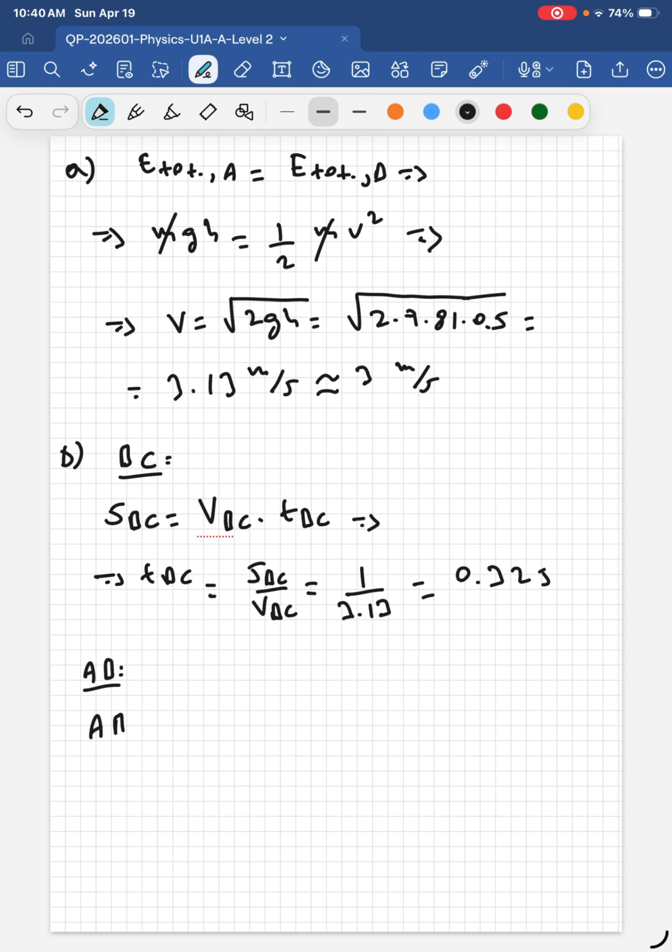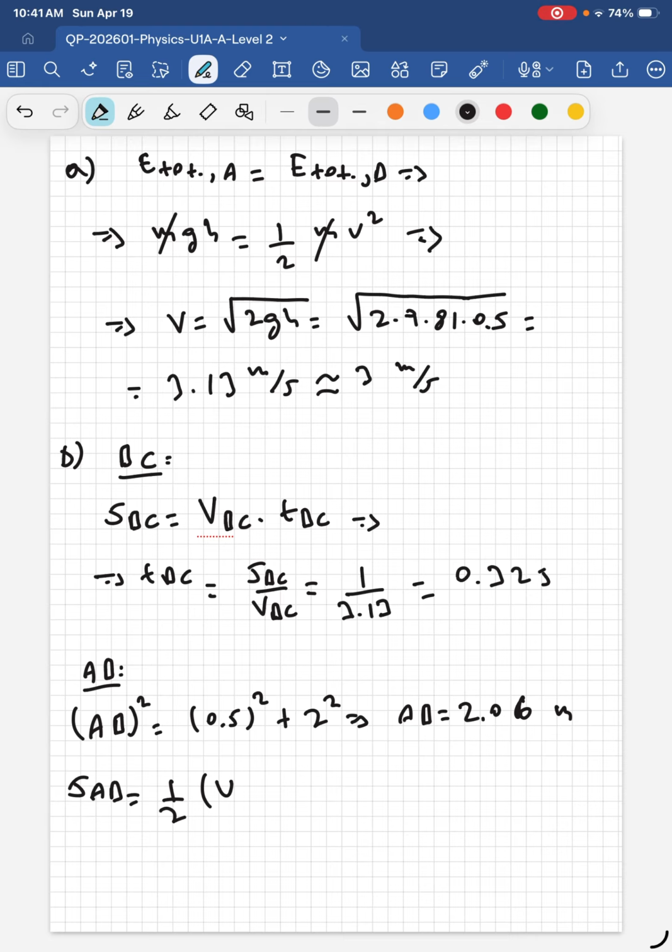AB squared is equal to 0.5 squared plus 2 squared. So AB is 2.06 meters.